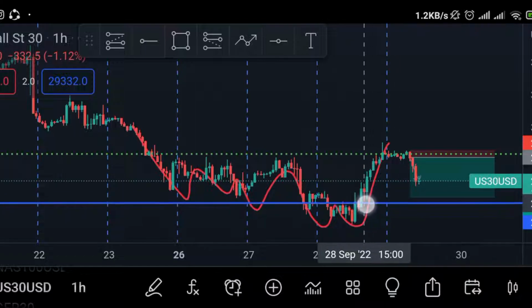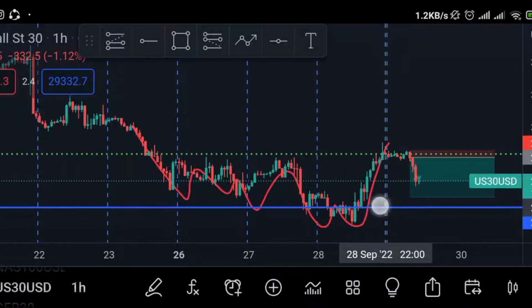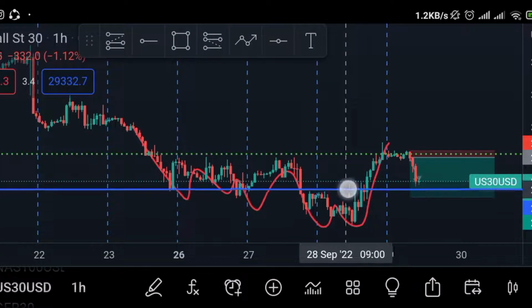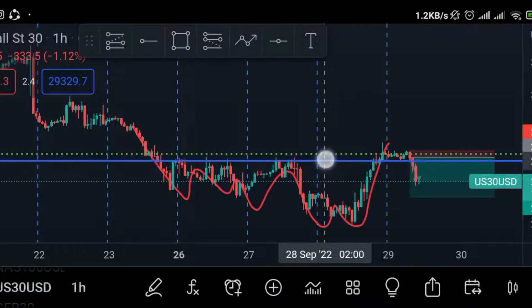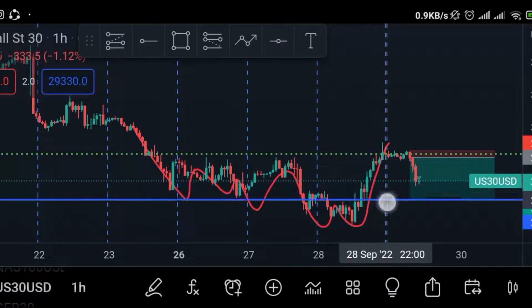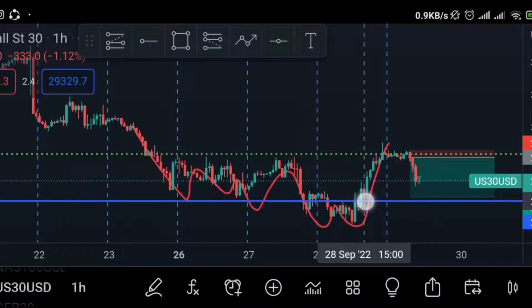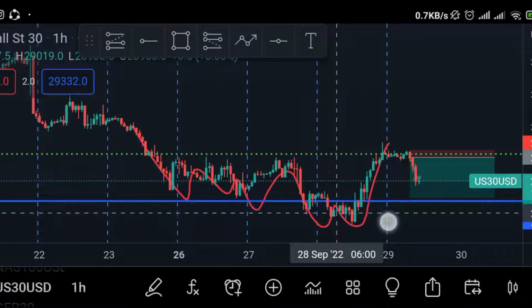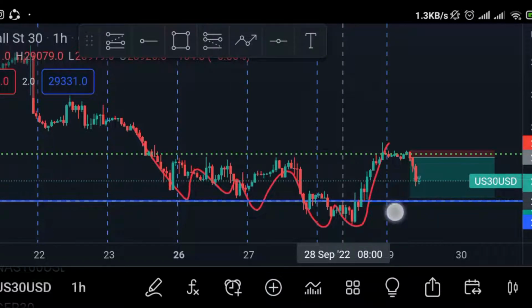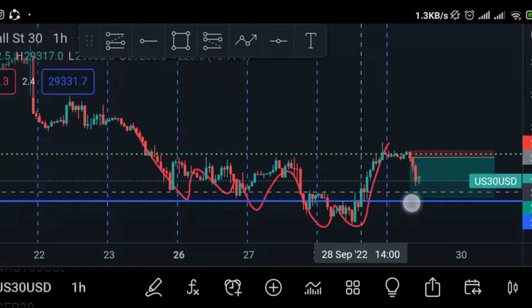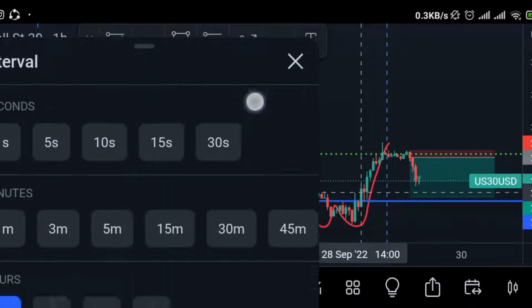What we were waiting for was for price to break our previous highs to confirm a change of trend. In this case, it occurred here. It broke this previous high. Let's quickly go to the 15-minute time frame.